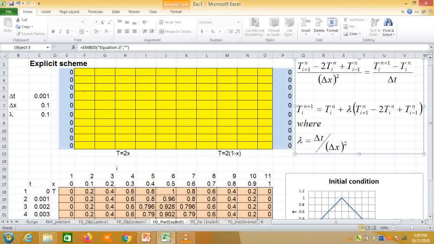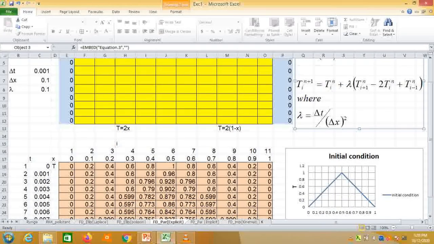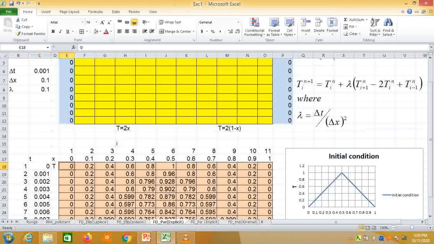We can find the corresponding values of the temperature at each one of the spatial nodes. It kept on increasing until x goes to 0.5, and then it kept on decreasing until x is 1. It's symmetrical, as you can obviously see from the graph. Now, for the rest of the equations, we're going to calculate ourselves.